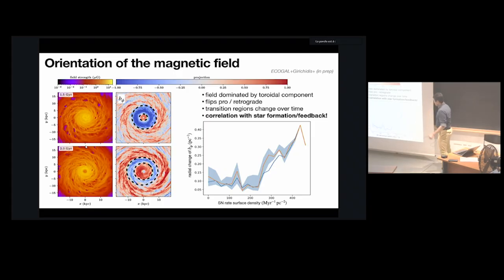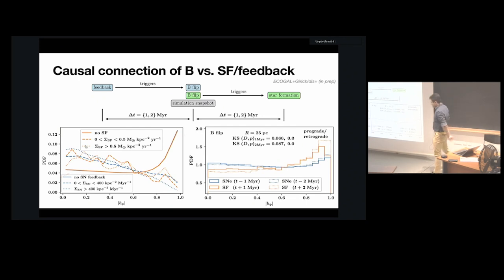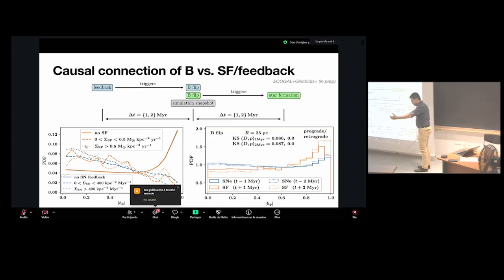But we clearly see if we have enough concentration of supernovae, we see a radial change of B phi. So this is a correlation, and that's fine. We would like to investigate that a bit more and see the cause. What is first, and why is a change in the field orientation triggered?